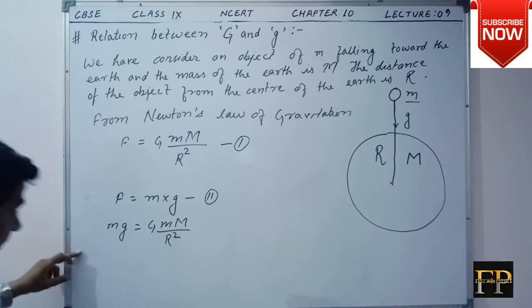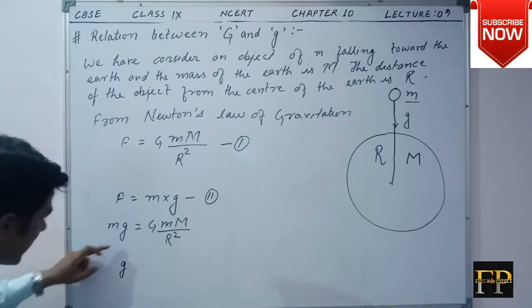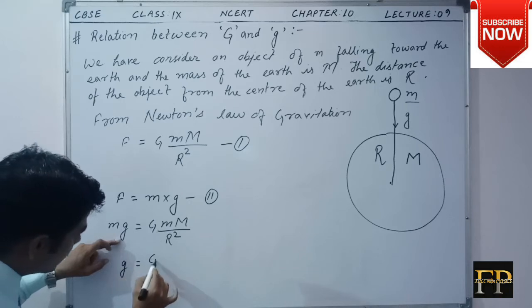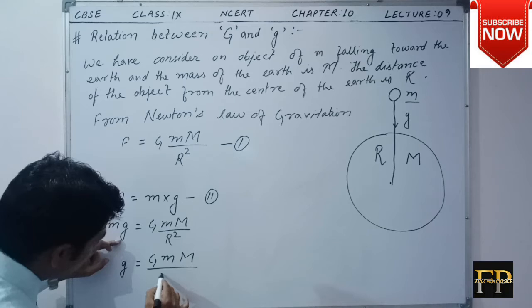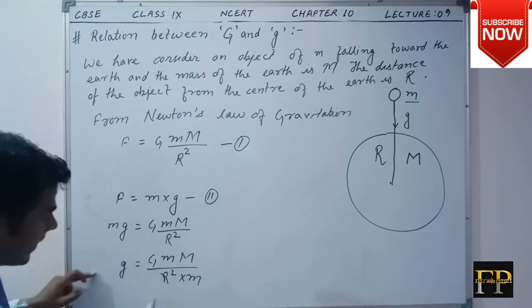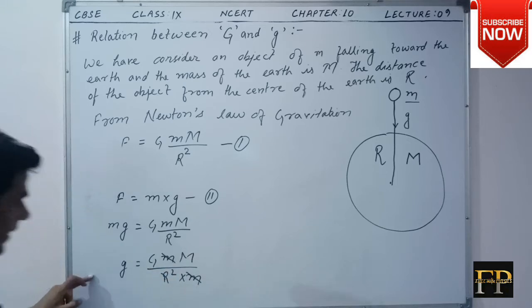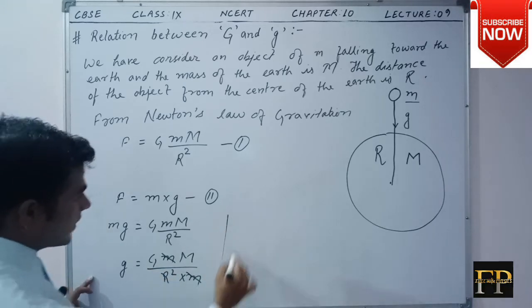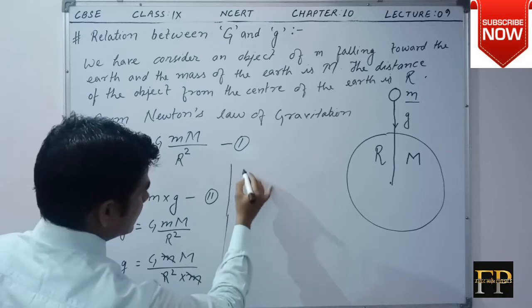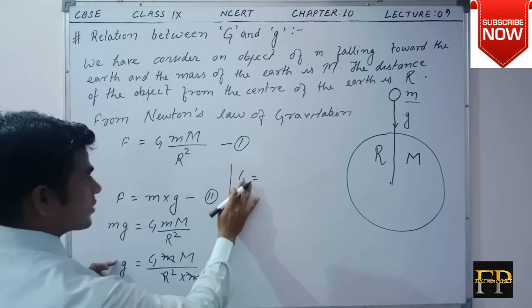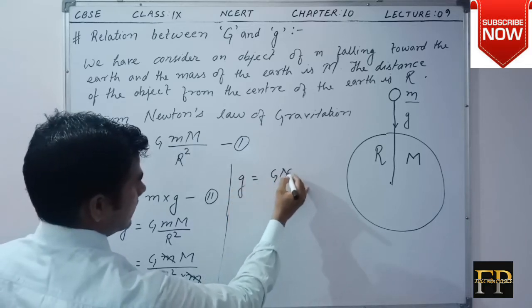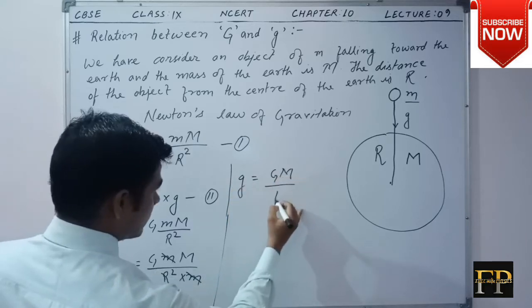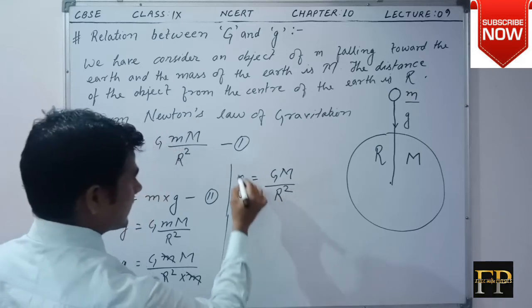If we solve it, small m cancels, and we get g is equal to G M by R square.